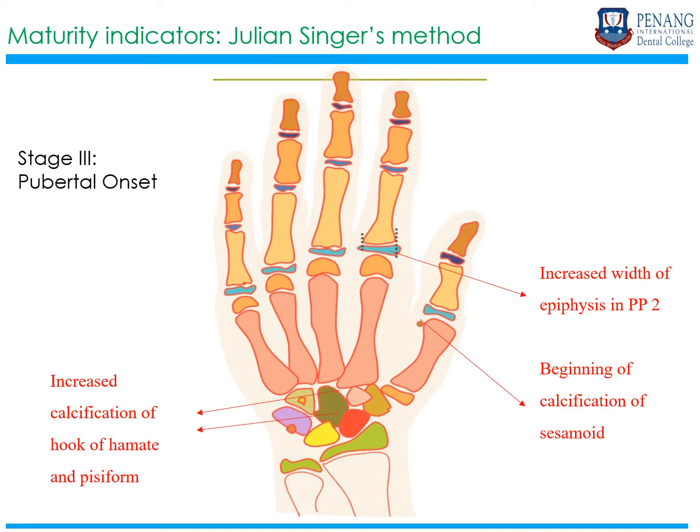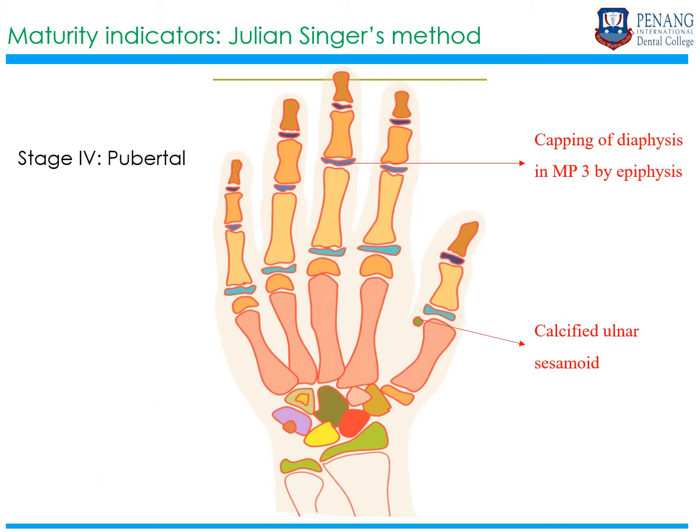Stage 3 is pubertal onset. Here you have to know that there are 3 different things happening. So there is increased calcification of hook of hamate and pisiform. There is increased width of epiphysis in proximal phalanx of the second finger, and also there is beginning of calcification of the sesamoid of the thumb.